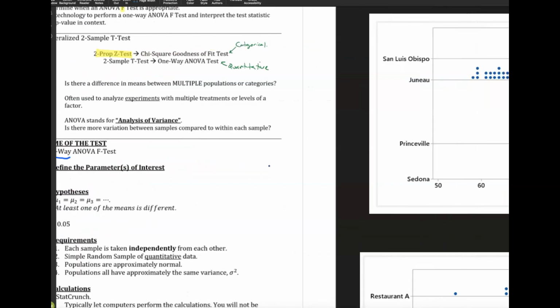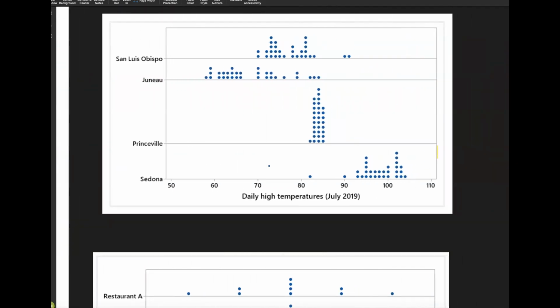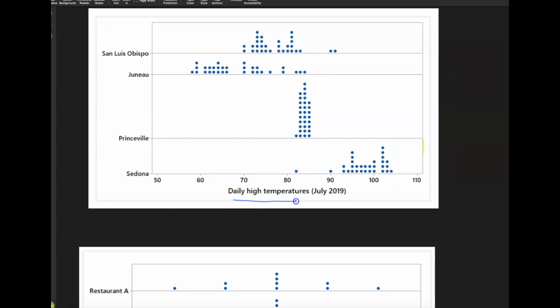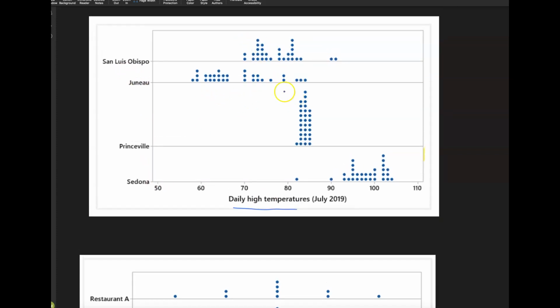To give you an idea what I mean, let's take a look at some dot plots here. Here are some dot plots of the daily high temperatures of different cities, and you can see the distribution here. You can see the centers. They're normally distributed, and so the centers are kind of in here, here, and here.